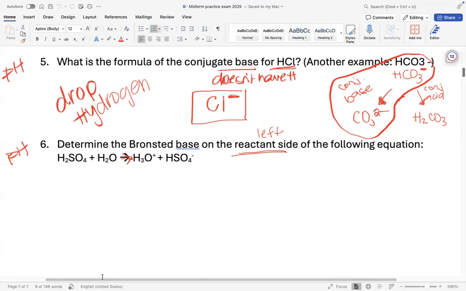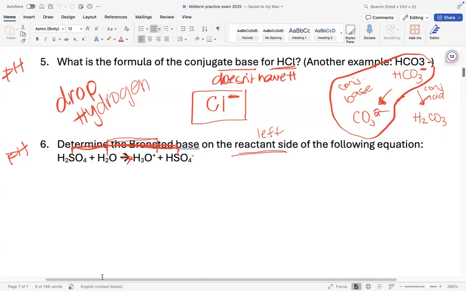The first step I like to do is just pair them up. What looks like pairs? H2SO4 looks a lot like HSO4 minus. They're a pair. H2O looks a lot like H3O plus. It's just the movement of a hydrogen, so they're a pair.